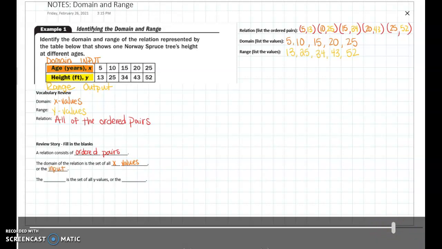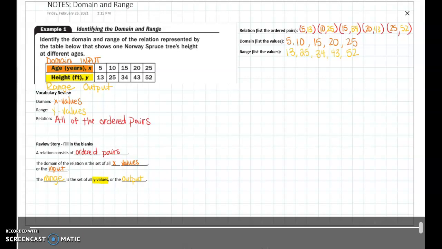The domain of the relation is the set of all x values, or the input. The blank is the set of all y values. The range is the set of all y values, or the blank, or the output. So there we go. Those are all of the notes we took today.